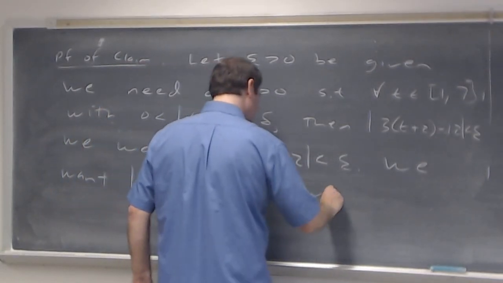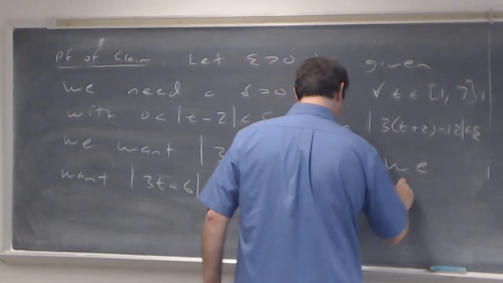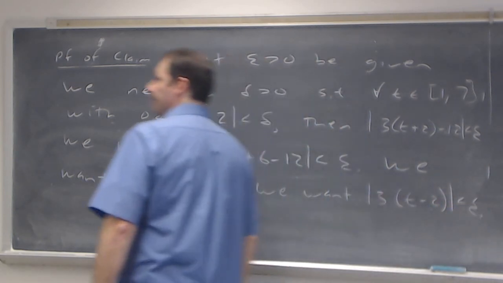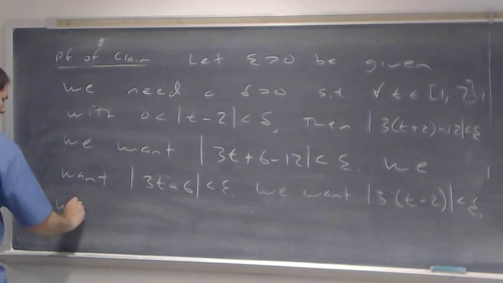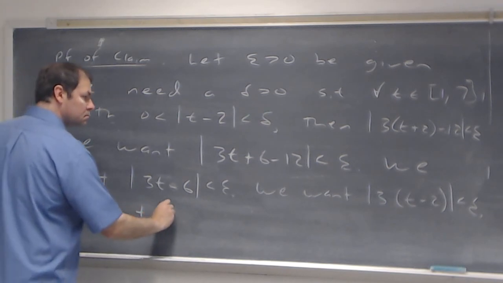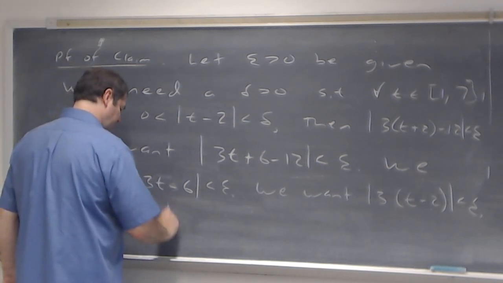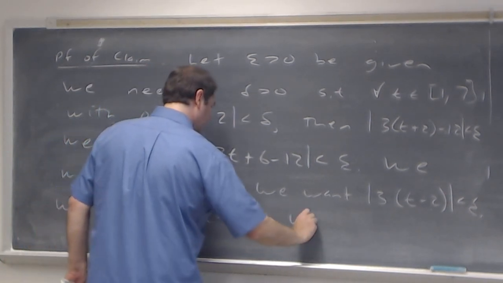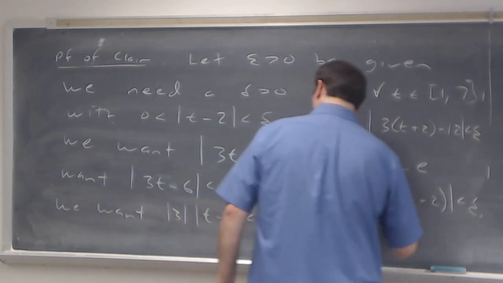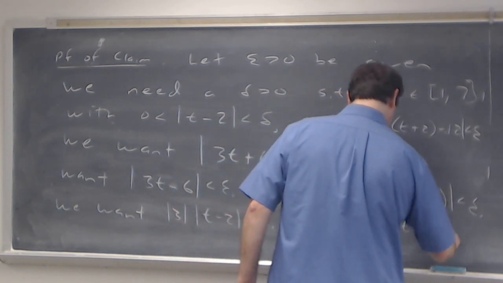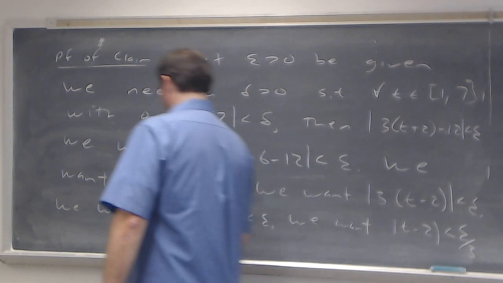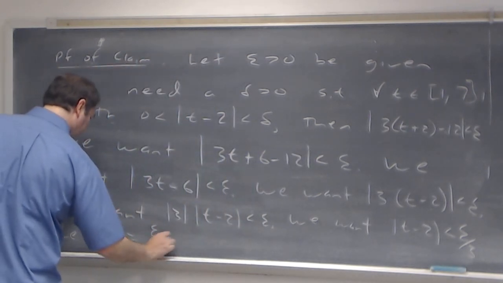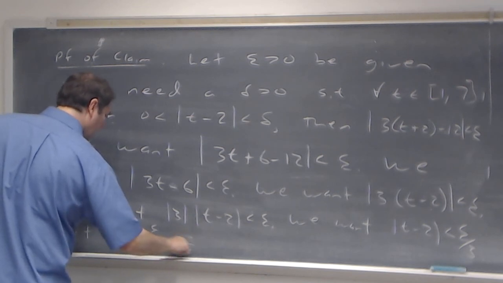That is, we want the absolute value of 3 times t minus 2 to be less than epsilon. So we want 3 times the absolute value of t minus 2 to be less than epsilon. So we want the absolute value of t minus 2 to be less than epsilon over 3. So we let delta be equal to epsilon over 3. And that does it.